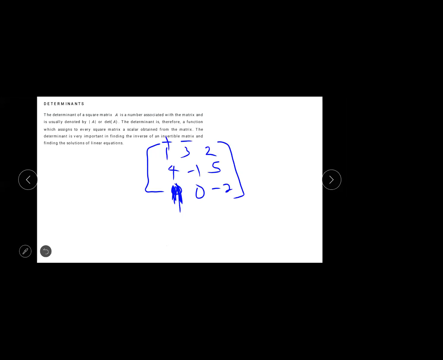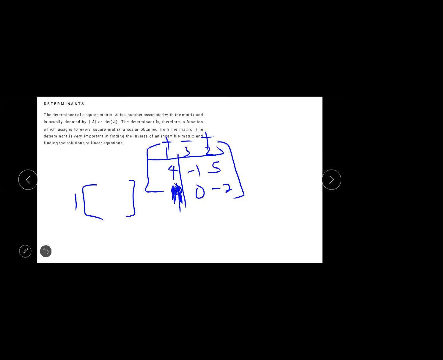Plus, minus, plus. If you have something of this nature, that's the cofactor sign pattern for it. So you pick the first one, 1. If you pick 1, what do you have left inside? Cover this and cover this.